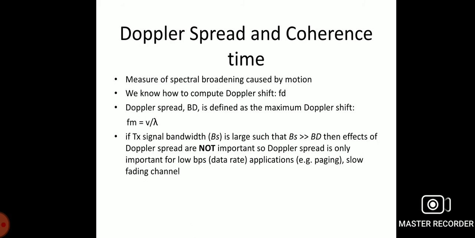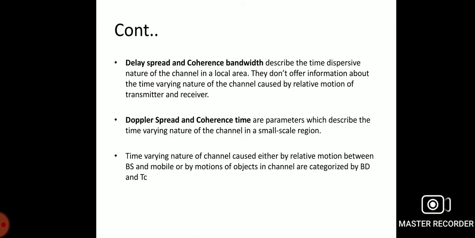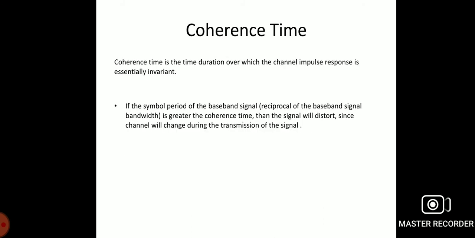The coherence time Tc is equal to 1 divided by Fm, where Fm is the maximum Doppler shift and Tc is the coherence time. This is like the delay spread and coherence bandwidth pair, and the Doppler spread and coherence time pair.